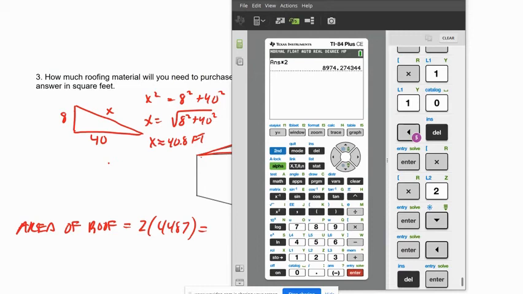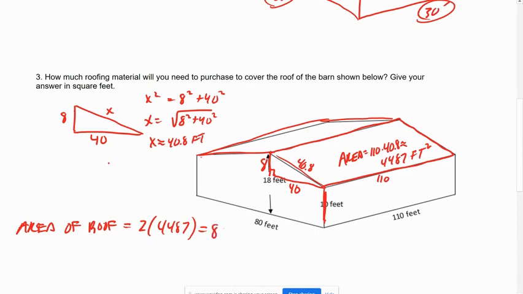It says answer in square feet, so about 8,975 square feet. We'd want to make sure we ordered a little more, not a little less.